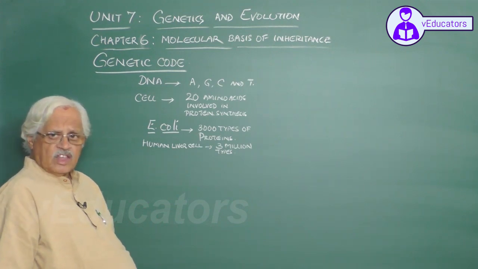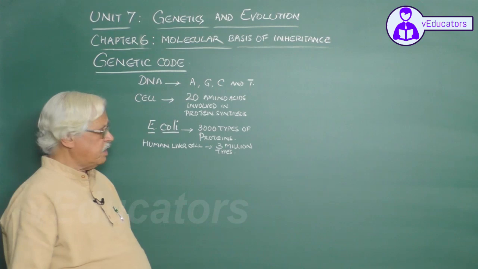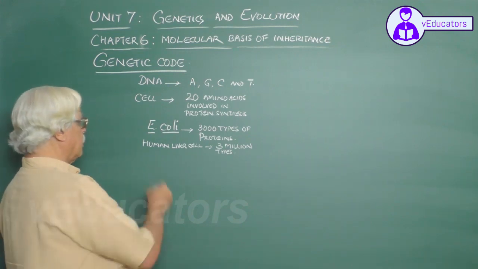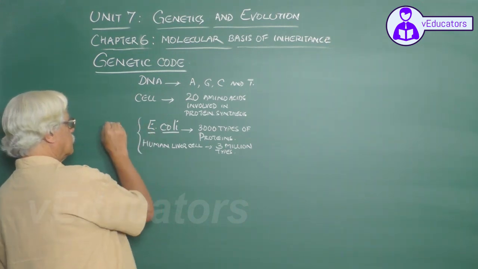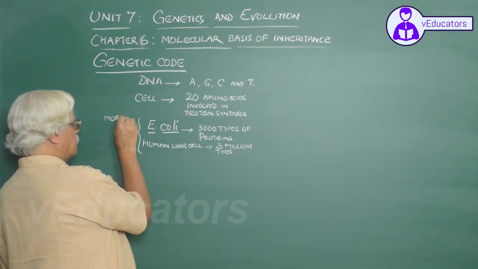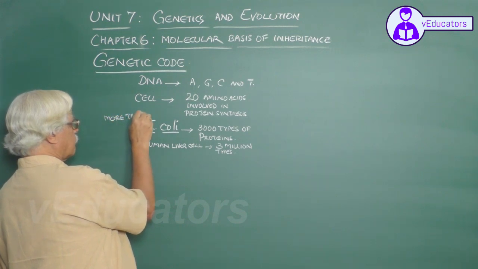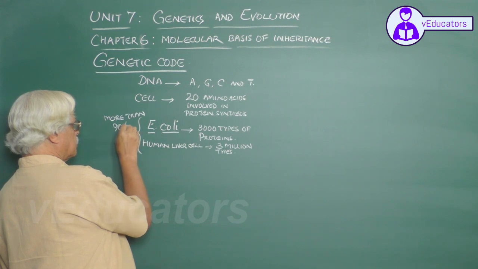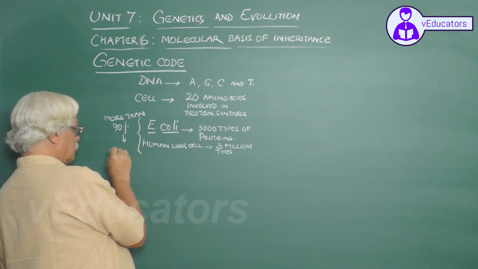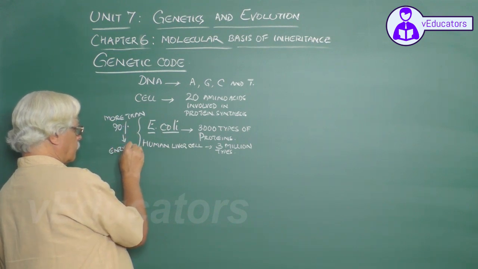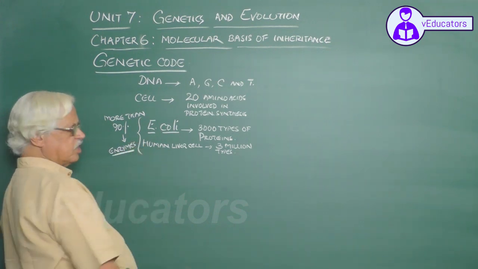Why does a cell require such a large number and variety of proteins? It is because more than 90% of these proteins will be functioning as enzymes.